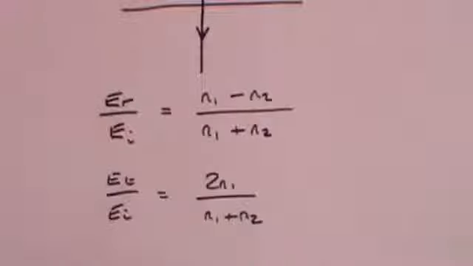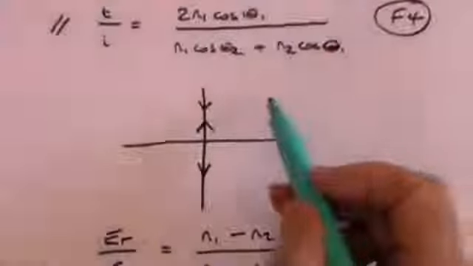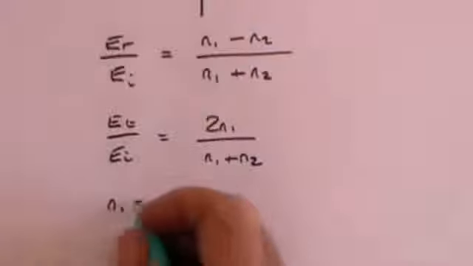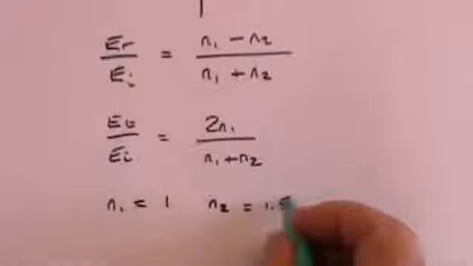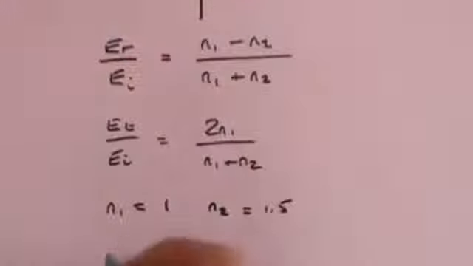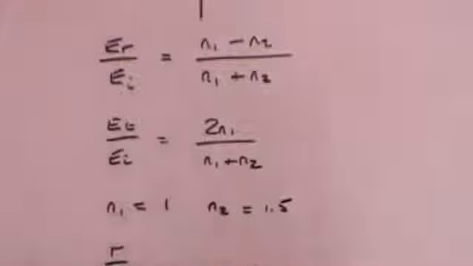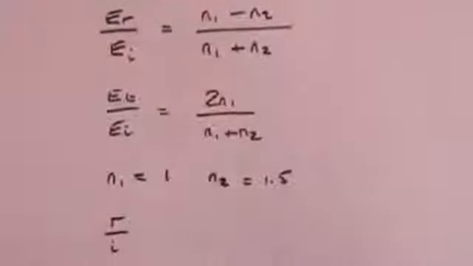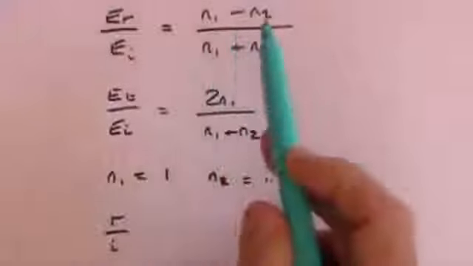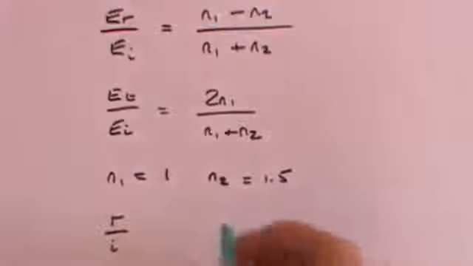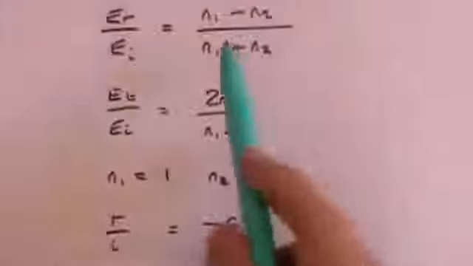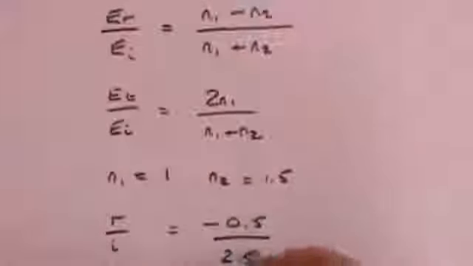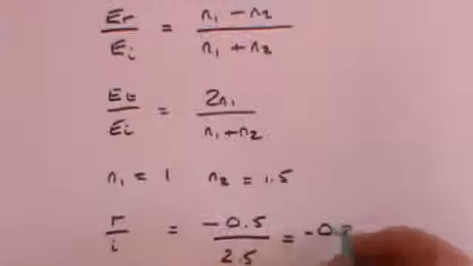Now let's consider we're going from air to glass. N1, which is for air, well that's 1, and N2 for glass is 1.5. Consequently, the reflected vector compared to the incident vector is going to be N1 minus N2, which is minus 0.5, divided by N1 plus N2, which is 2.5, which is equal to minus 0.2.